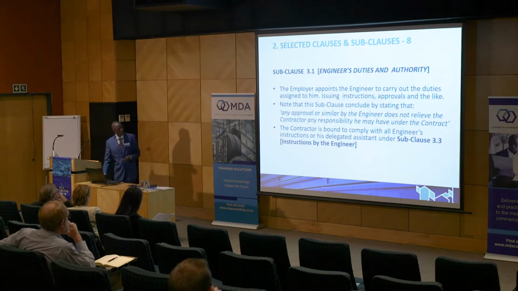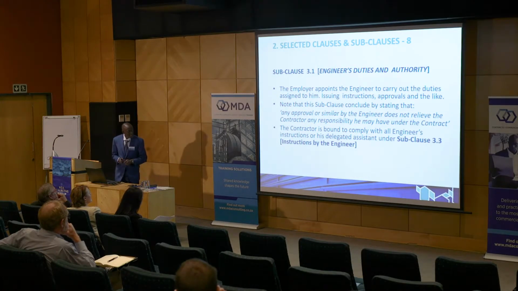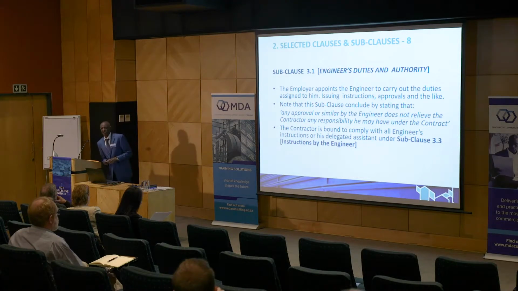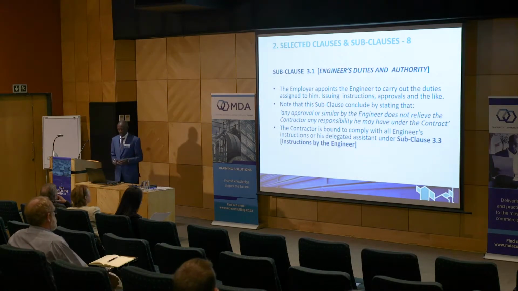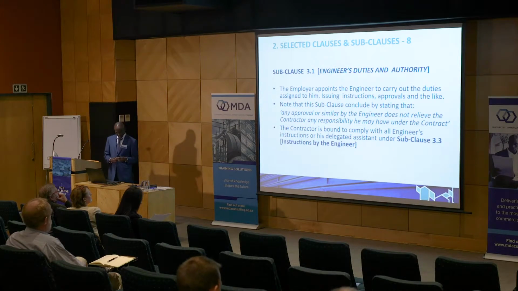Another subclause which I've selected to discuss with you is the engineer's duties and authority. The employer normally appoints the engineer to carry out the duties assigned to him. This may be issuing instructions, approvals, and the like.